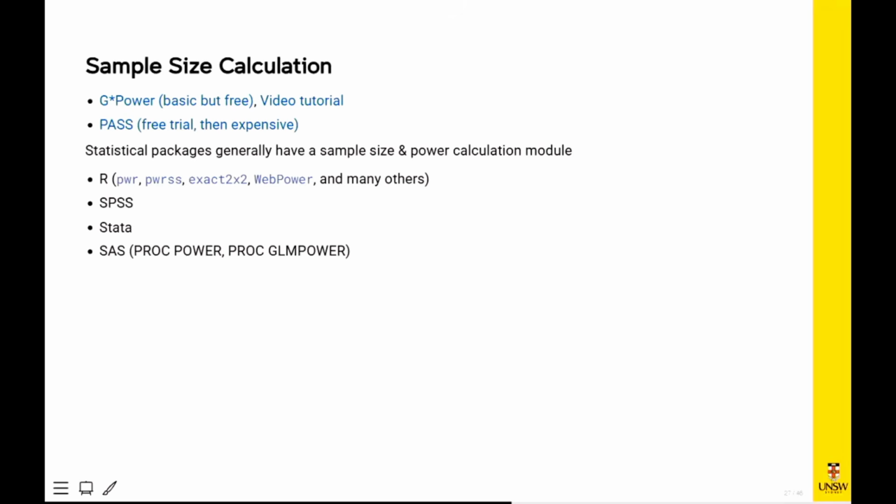And we're going to be doing a little bit in R. And R is free, which is really great. It does require a little bit of practice in getting to use it if you are not an R user. But it's probably got the most comprehensive set of packages built for power and sample size calculation, for lots and lots of different research areas and statistical models.